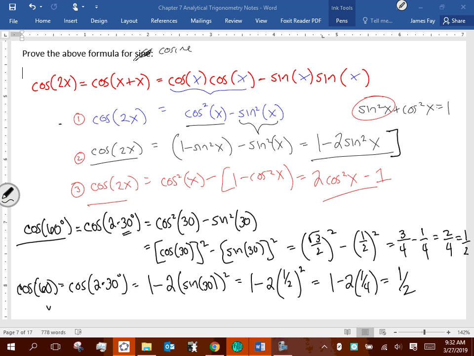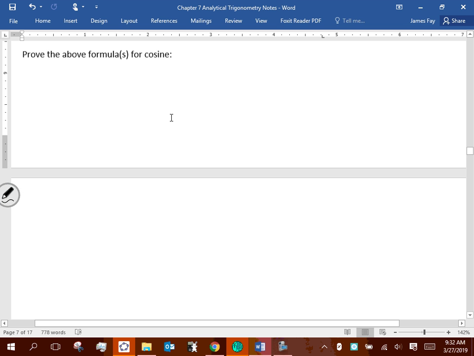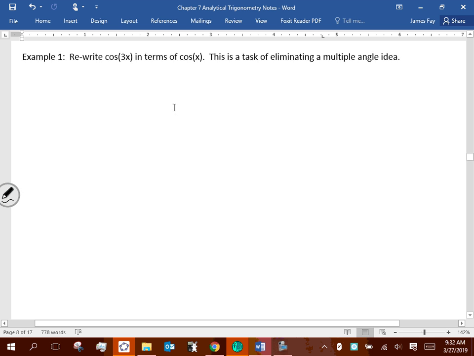Now let's address why this would be a useful task for us. We did this in the last class. It says rewrite cosine 3x in terms of cosine x. Now the reason I would want to do this, so let's play this game here.